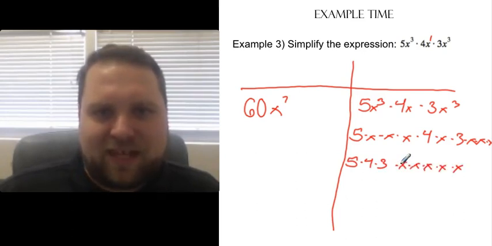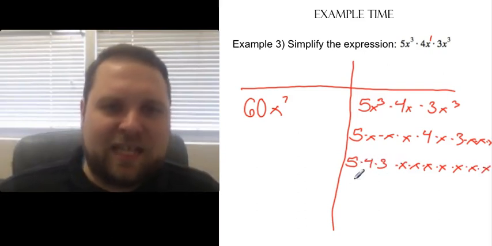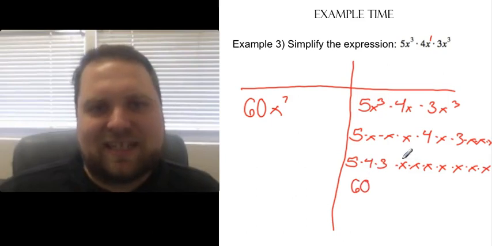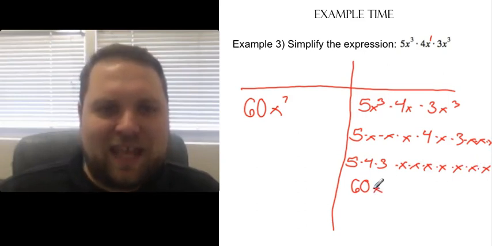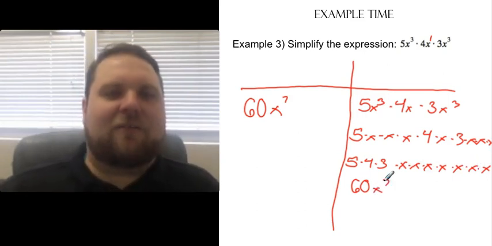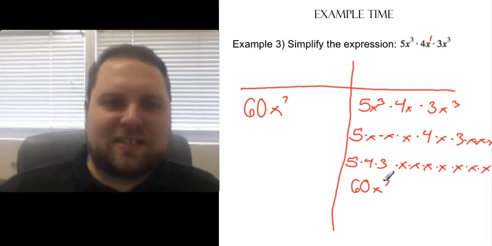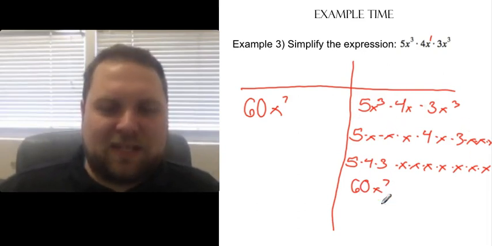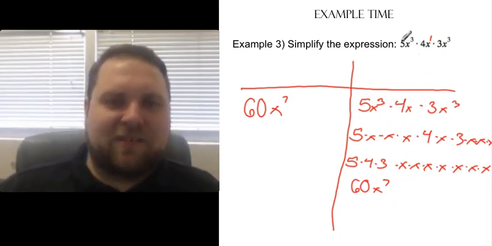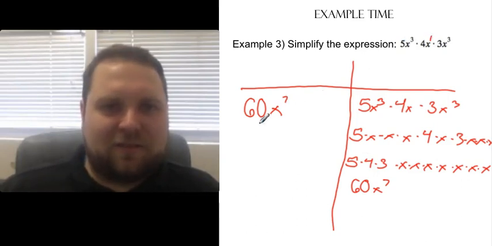However you want to slice it up, 5 times 4 times 3 is 60. And if I count all of these x's, there's 1, 2, 3, 4, 5, 6, 7 of them, x to the 7th power. So hopefully you can see that it's just this idea repeated over and over again, and you can do it very quickly by multiplying the coefficients and adding up the exponents.